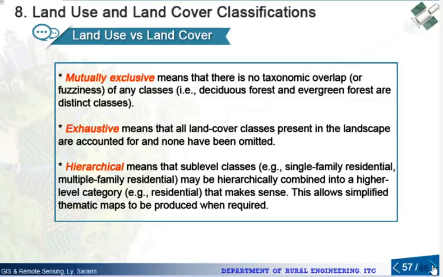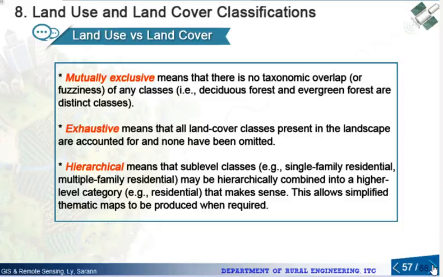There are classification schemes to classify the land use and land cover, which are mutually exclusive, meaning that there is no taxonomic overlap or fuzziness of any class. For example, deciduous forest or evergreen forest are distinct classes. They are exhaustive, meaning that all land cover classes present in the landscape are accounted for and none have been omitted.